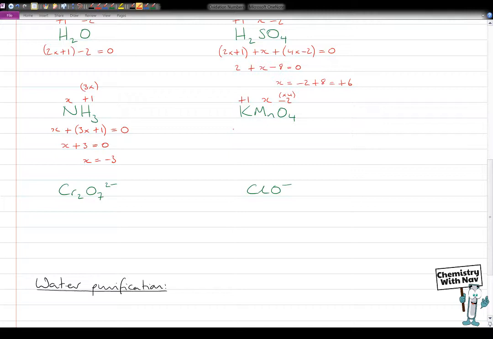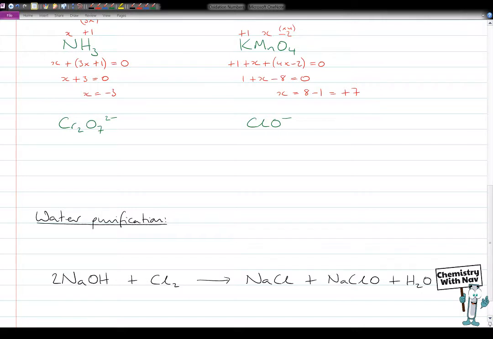So in this case, I have +1 plus X plus 4 times -2 is equal to 0. That's an uncharged molecule. So that means that 1 plus X minus 8 is equal to 0. So X is equal to 8 minus 1, which is +7. So that's manganese in its highest oxidation state. It's in the +7.